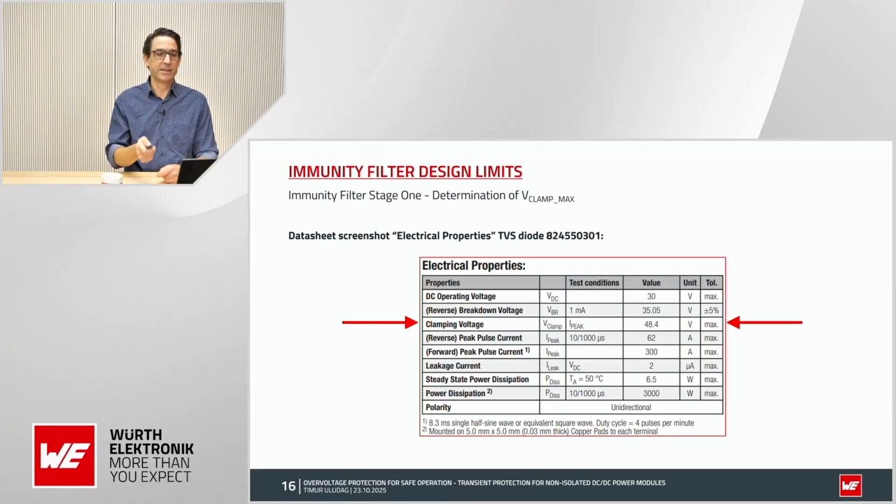Next, the value of V-clamp can be found in the datasheet as well. For the chosen diode, the voltage is 48.4 volts based on a peak current of 31 amps. So far, this value is based on laboratory equipment. That means we have a base of 25 degrees.